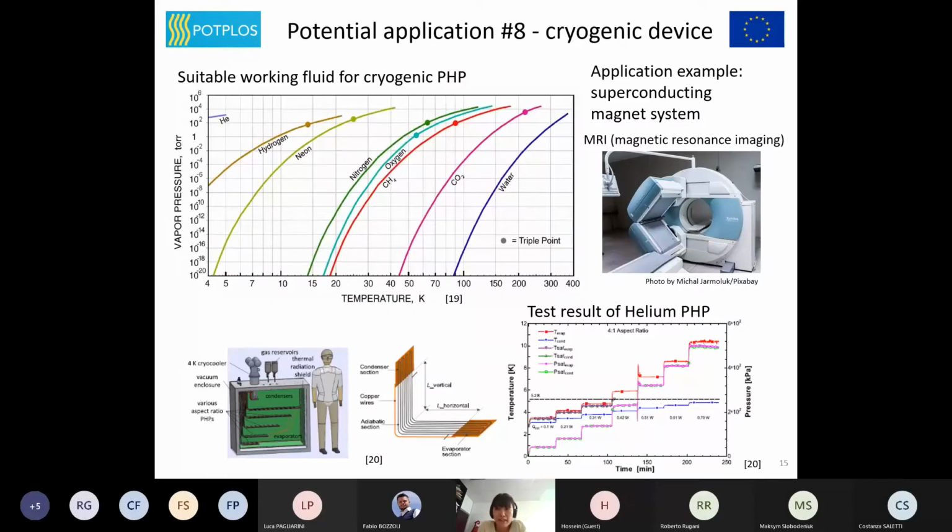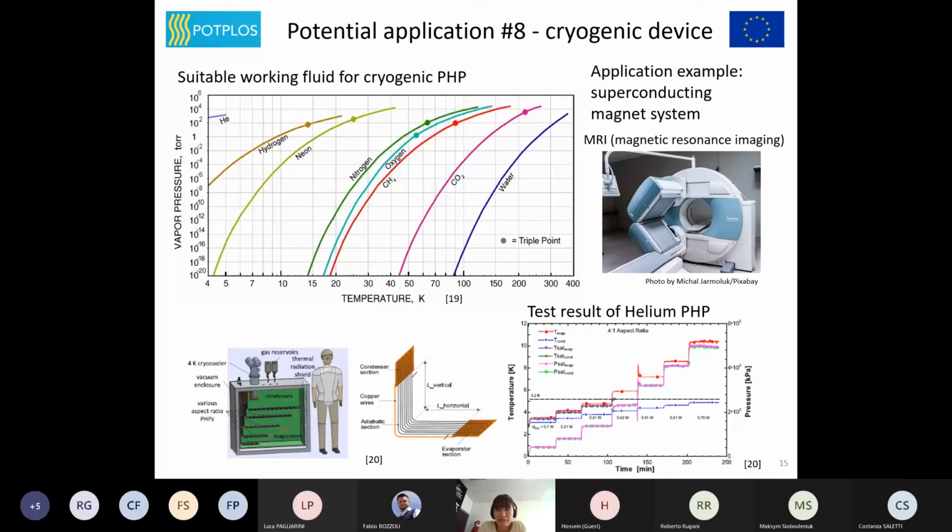So far, I have presented applications operating at room temperature or slightly higher, but PHP can also be used for cryogenic devices, such as a superconducting magnet system. For cryogenic PHP, nitrogen, neon, hydrogen, and helium have been selected as working fluid.